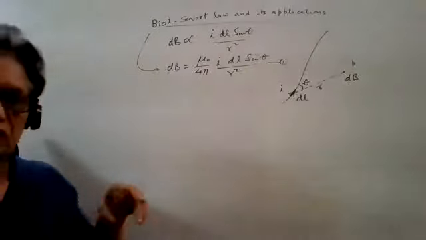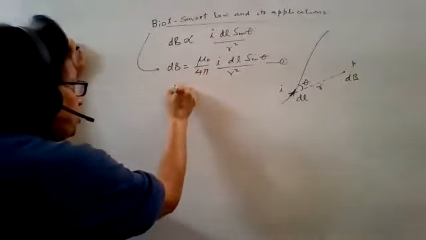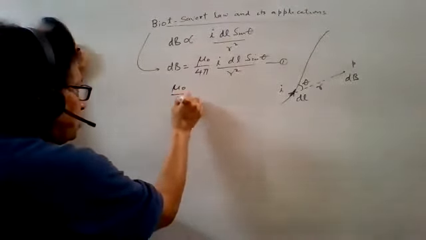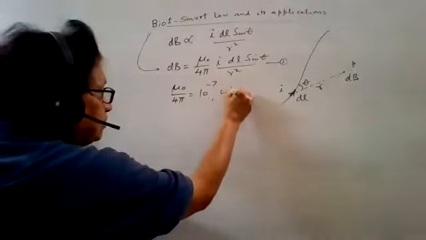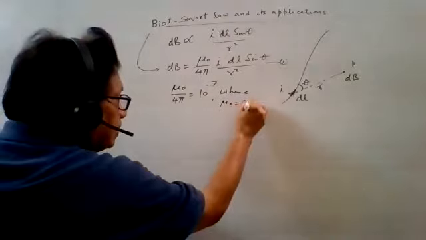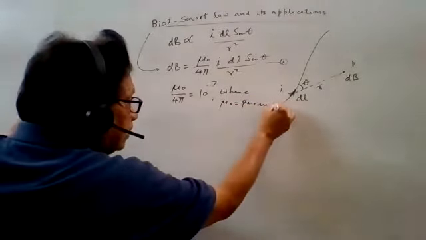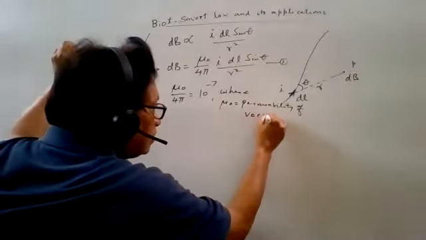So here mu naught upon 4 pi, the numerical value is 10 to the minus 7, where mu naught is called permeability of vacuum or free space.